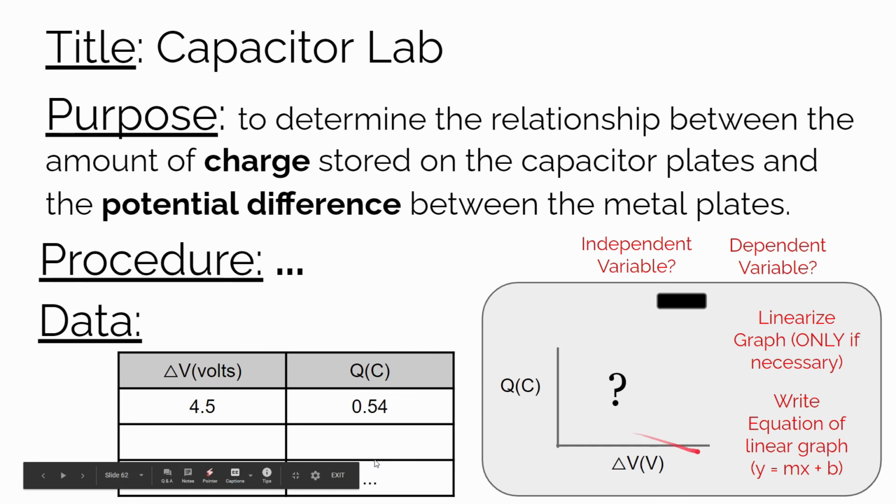If this is linear, add a linear fit and find the equation for that line. If this is non-linear, we're going to have to linearize that graph, make it appear linear, so that we can add a linear fit, so we can come up with a mathematical expression or an equation to represent this relationship we're after, which is how the charge stored in a capacitor is affected by the potential difference.